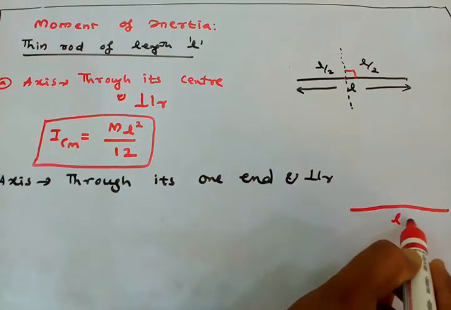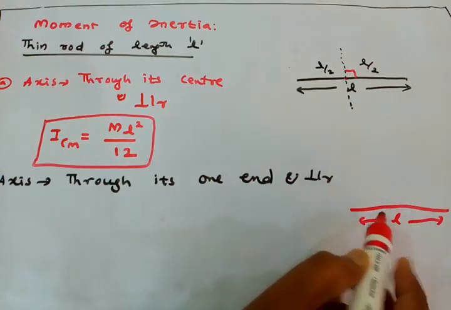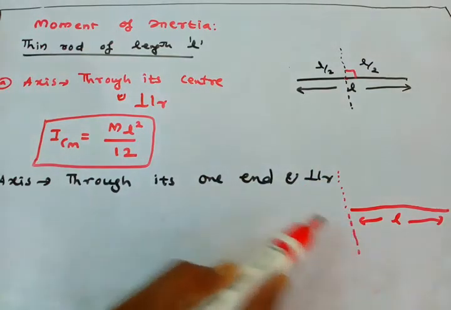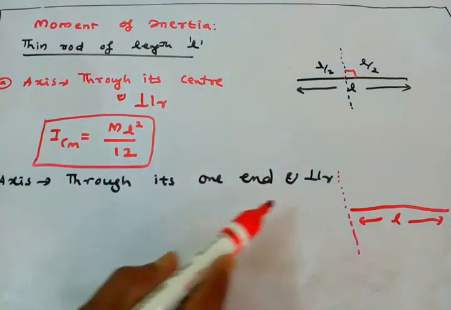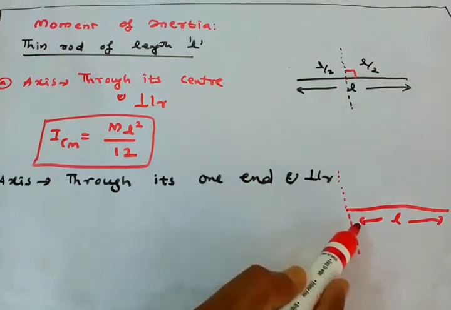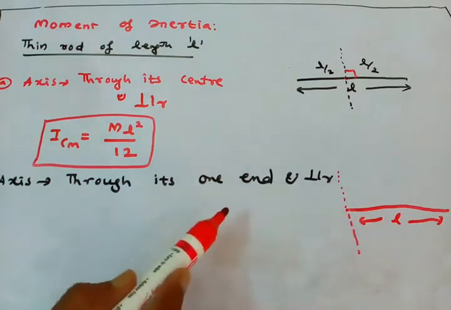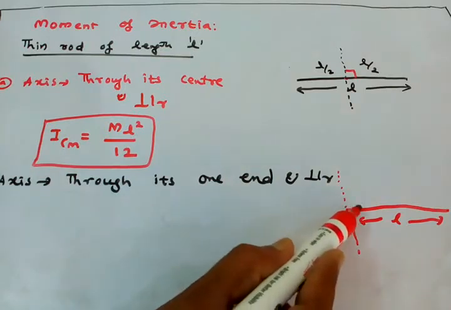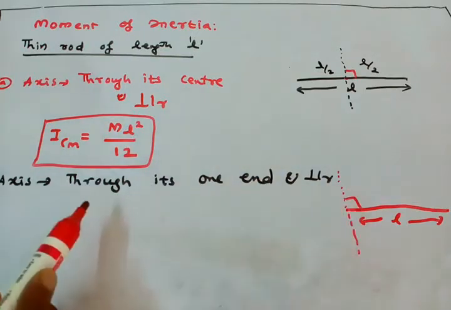This is the length L of the rod, and this is the axis. About this axis, we have to find the moment of inertia of this rod of length L. The axis is passing through its one end and perpendicular to the rod.